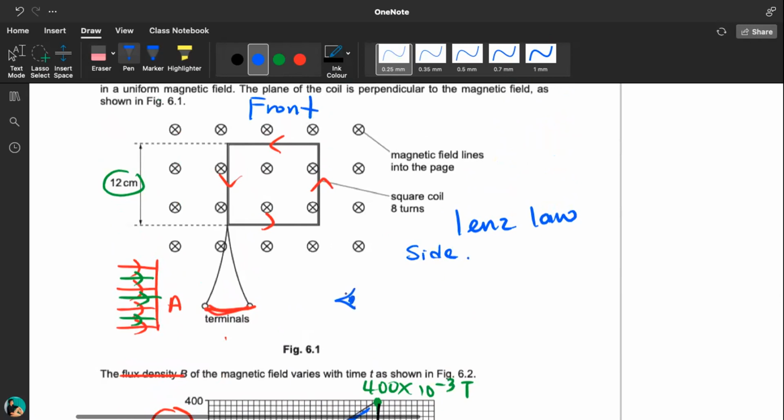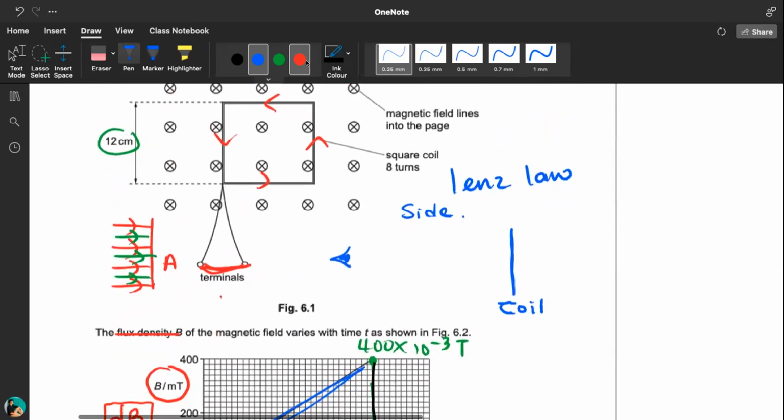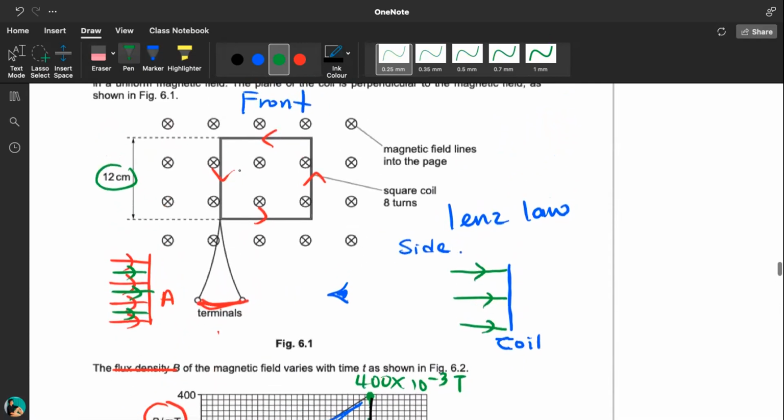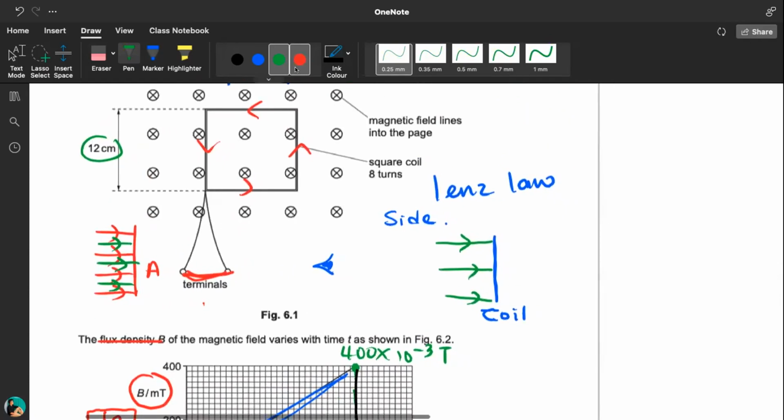So you're looking from here, this is the coil. So the flux is like this. You're looking from here, so the flux is into the page. Now the intensity increasing means you have more field in this direction.